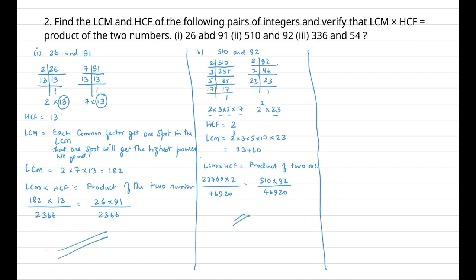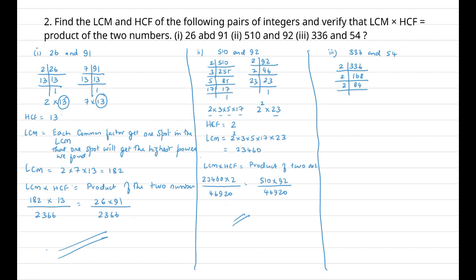Our next subdivision is 336 and 54. Let's find the factors for 336. 336 is divisible by 2, giving 168. Again divisible by 2, 84.